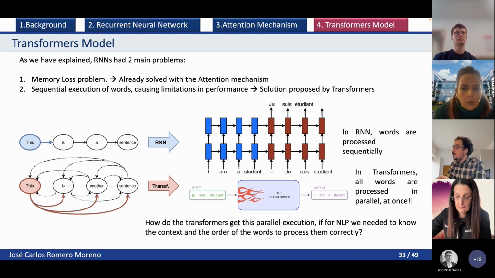Before, we were not able to process huge texts because they took a really long time. Now, with GPUs, which are devices optimized for parallel processing, we are able to process millions and billions of words in seconds. So we can process amounts of text that a few years ago were technically impossible. This is the main idea of the difference between the transformer and the recurrent neural network.